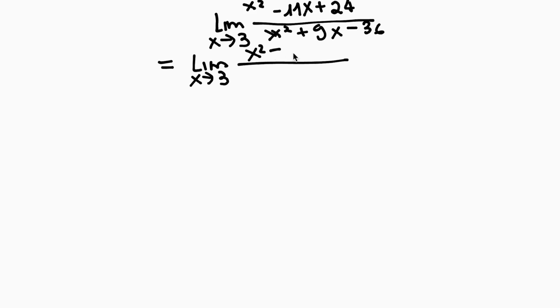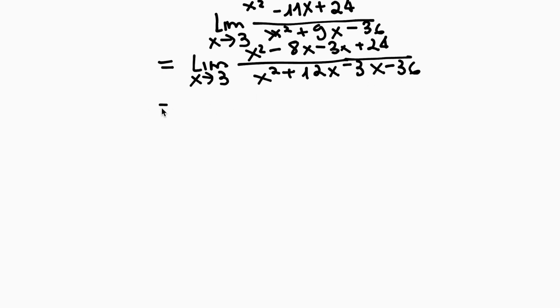x squared, negative 11x. I'm going to turn it into negative 8x minus 3x plus 24. x squared, and then from 9x, I'm going to turn it into 12x minus 3x, and then minus 36.